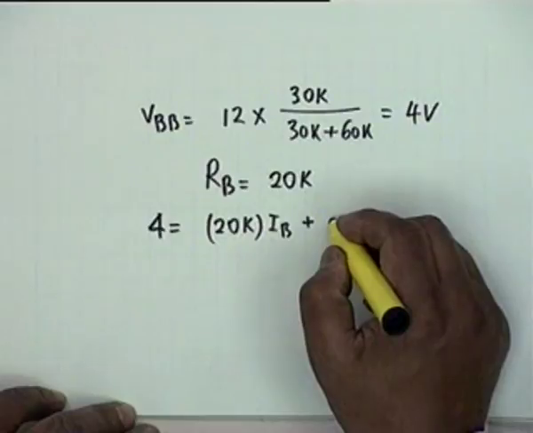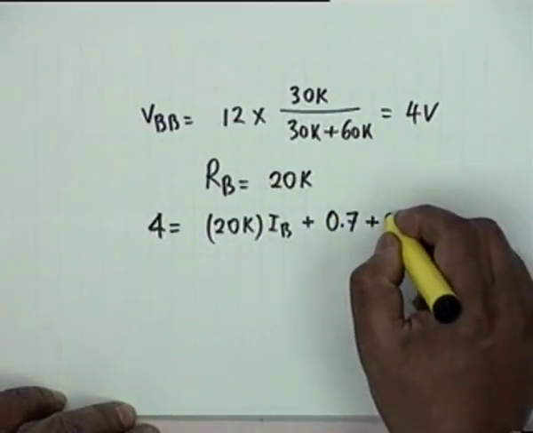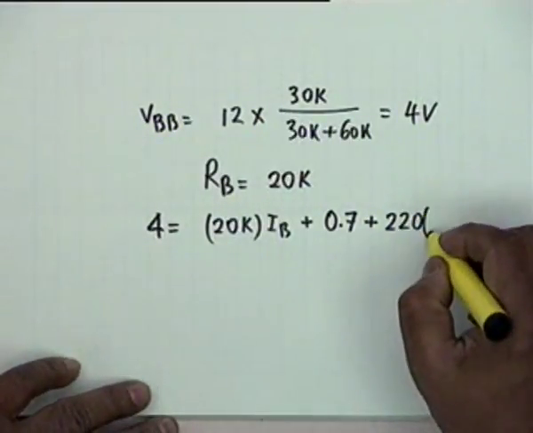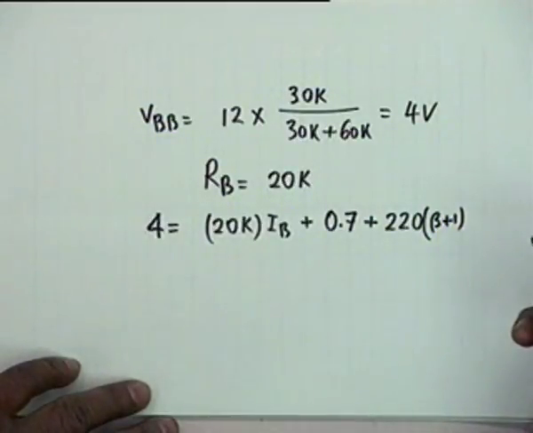plus VBE, which is 0.7, plus 220 ohm multiplied by beta plus 1. Let's keep it in terms of beta because we have to compare.